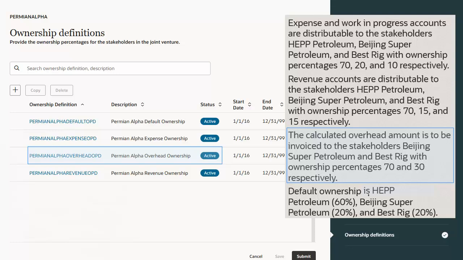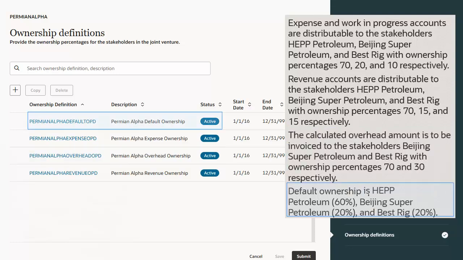The overhead amount is to be invoiced to the stakeholders Beijing Super Petroleum and Best Rig with ownership percentages 70 and 30 respectively. The default ownership percentage is 60% for HEPP Petroleum, 20% for Beijing Super Petroleum, and 20% for Best Rig.